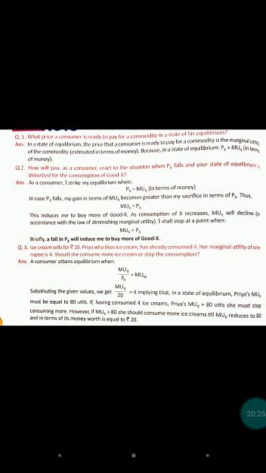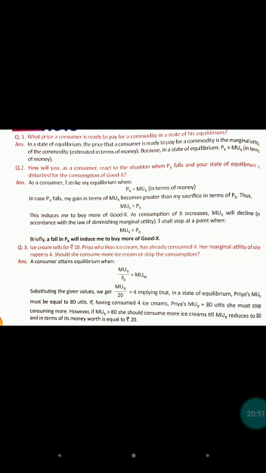So implying that in state of equilibrium Priya's MUX must be, उसका जो satisfaction है वो कितना है, 80 utils. Having consumed 4 ice creams, 20 into 4, price is 20, MUM is 4, 80. So Priya's MUX is equal to 80 utils.